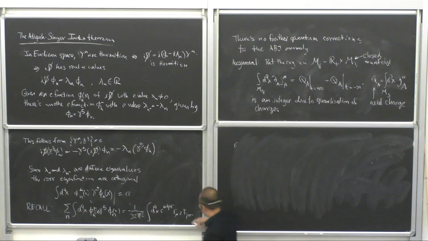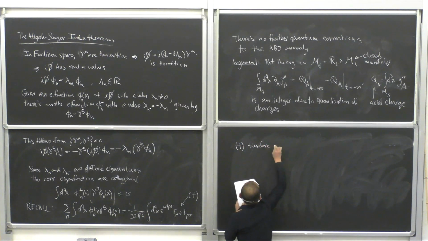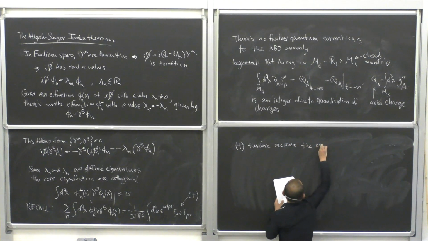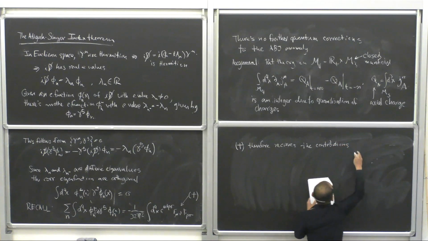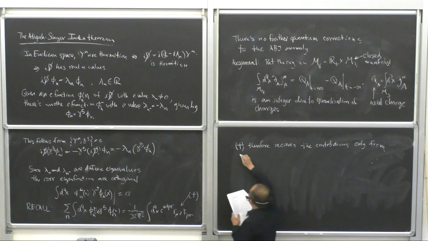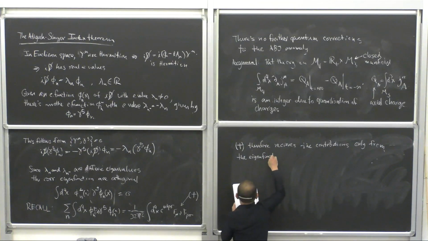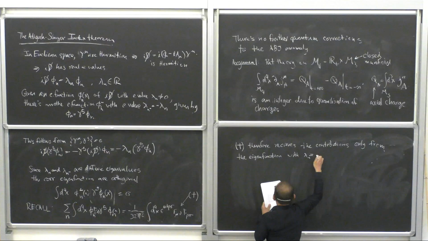Okay, so let me label this by dagger. Therefore, this receives the contribution only from the eigenfunctions with lambda_n equal to 0.